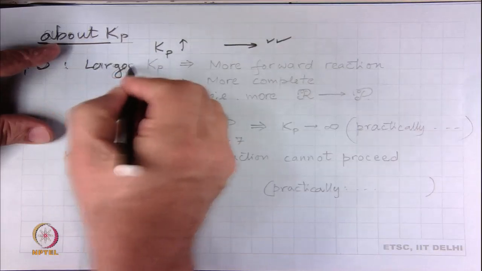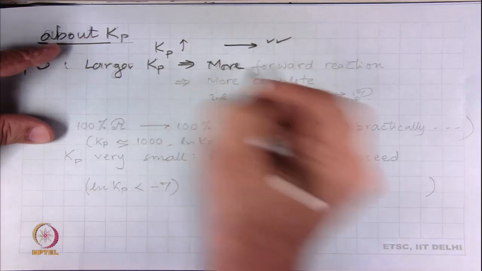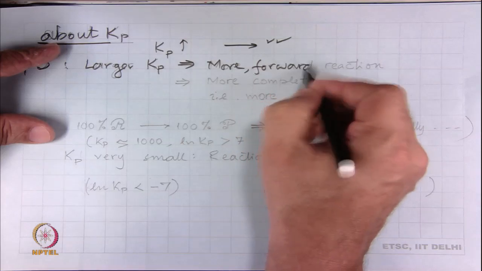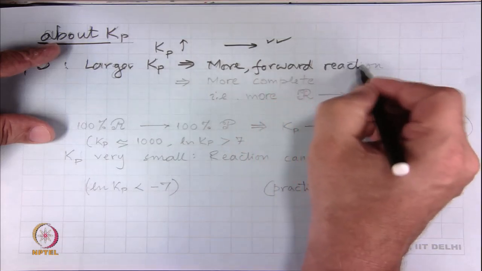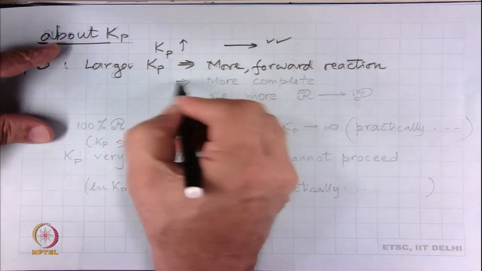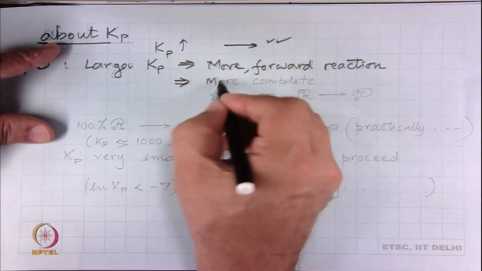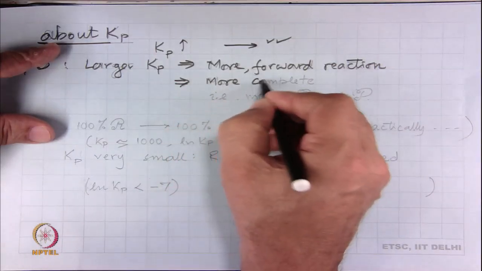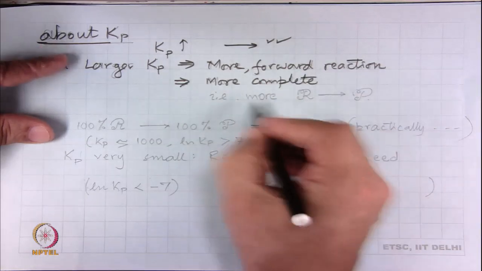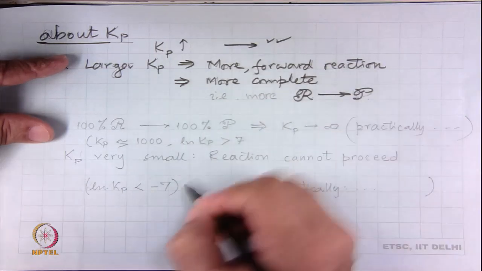So, the larger the value of K p, the more of the forward reaction will take place. Which tells us basically that the reaction will proceed more towards completion. The reaction will become more complete. That is, more of the reactants become more of the products.